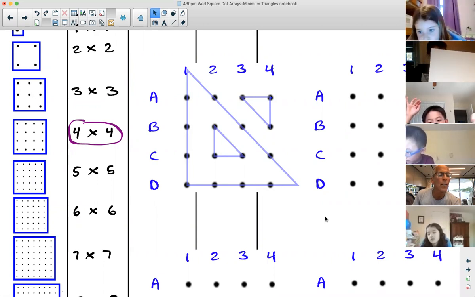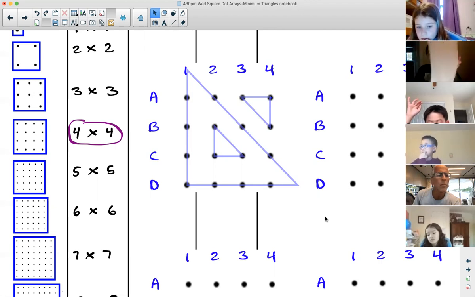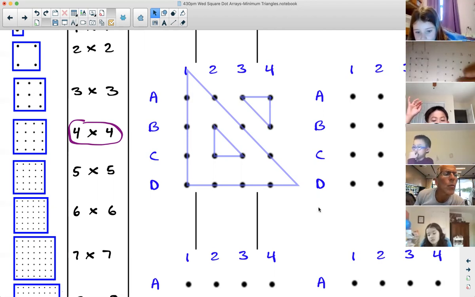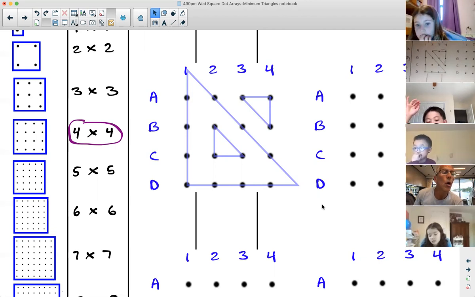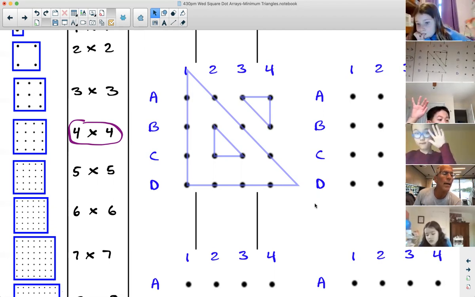C2. Yes. Where? Well, show it to me again then. Because the one you showed me, there is no triangle touching C2. There is no triangle touching point C2. So try again, my friend.